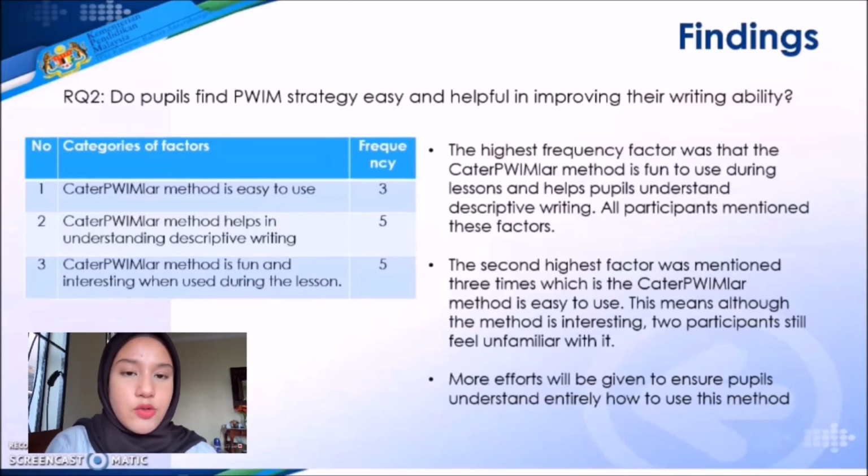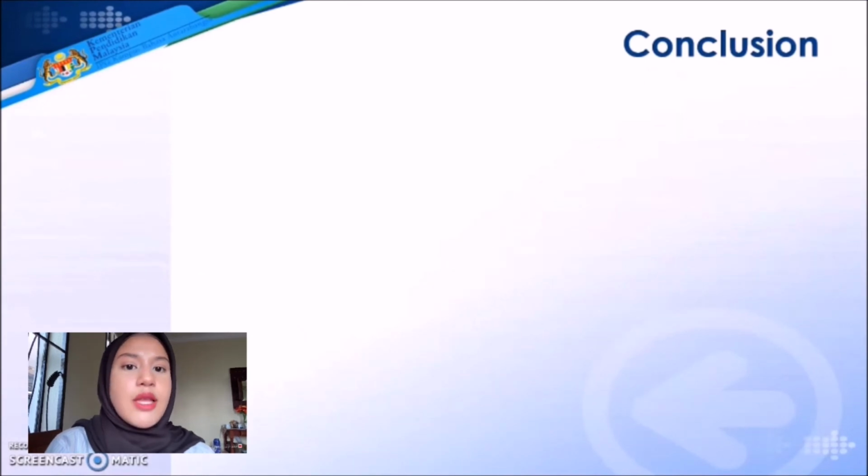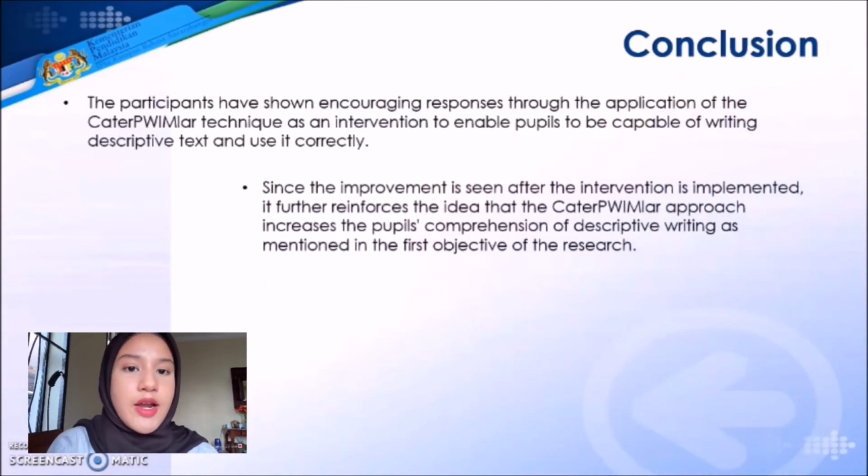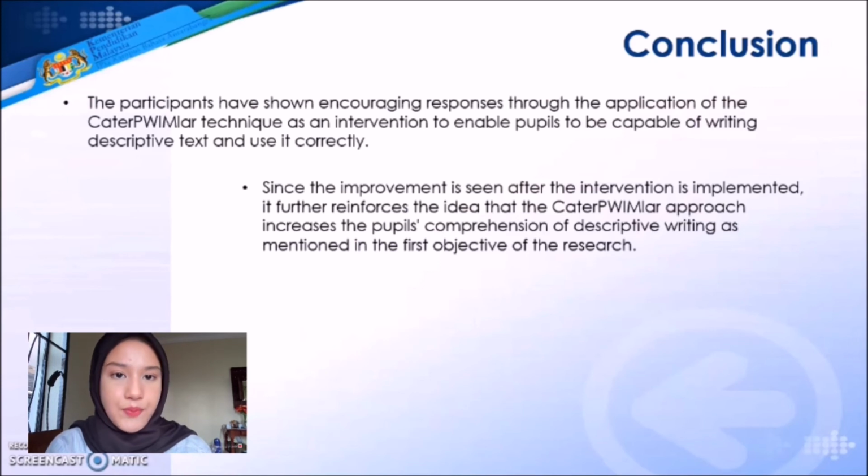Okay, to conclude, from the research findings, I found that the participants have shown encouraging responses to applying the caterpillar technique as an intervention to enable pupils to write descriptive text and use it correctly. This can be seen clearly in the pupils' performance from the scores in the post-test, which prove that the pupils' comprehension of writing descriptive text also improves.